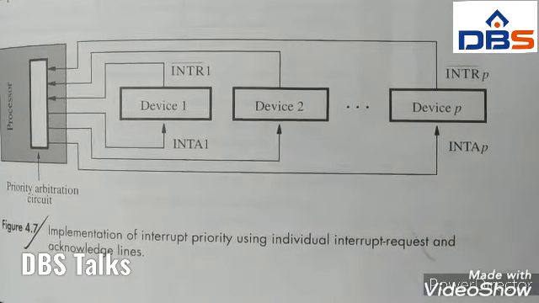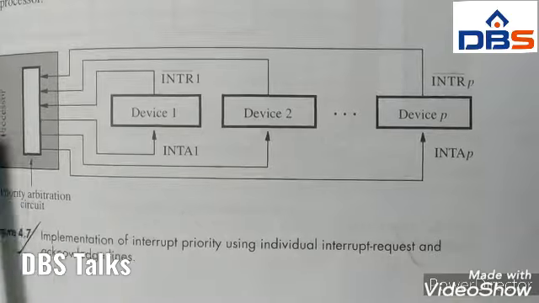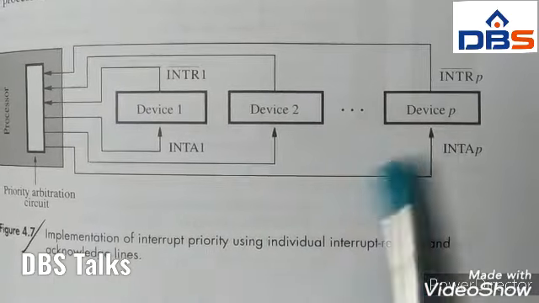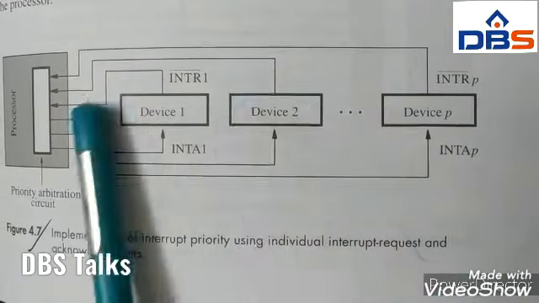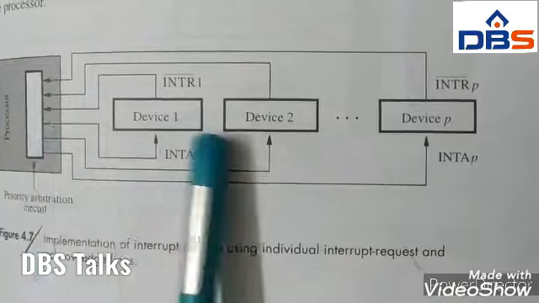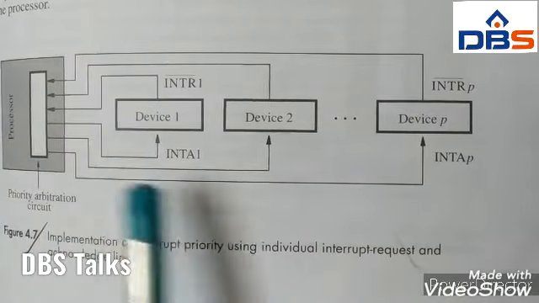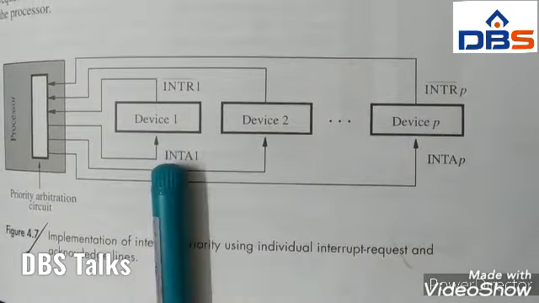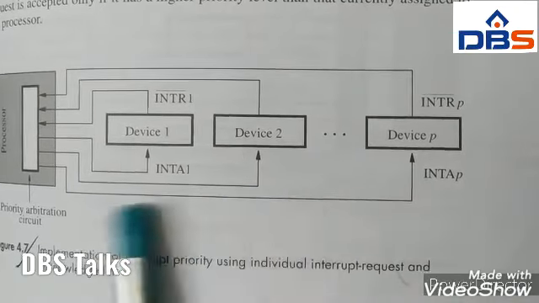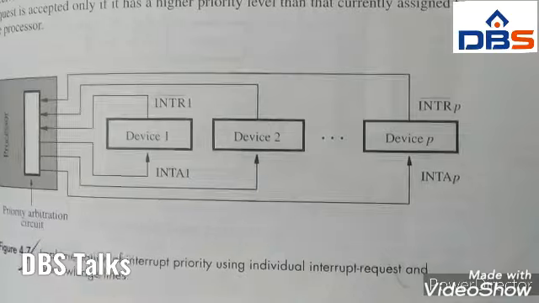Here in this diagram, this is the processor. Some set of devices are there, and those have interrupt signals. These are connected to the processor, and how the processor activates these interrupts is completely based on the priority scheme.